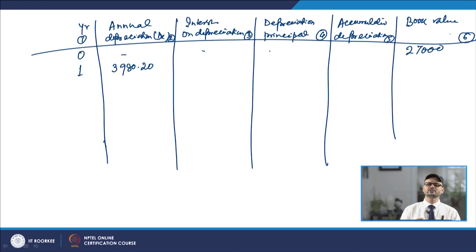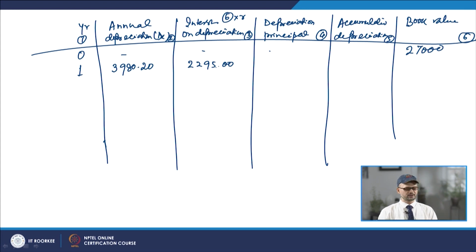The annual depreciation charge we have already computed to be 3980.20. Interest on depreciation will be the book value multiplied with the rate of interest, that is 6 multiplied by R, 0.085. Here it is 27,000, and multiplied with 0.085, it will be 2295. So, you will have 2295 here.